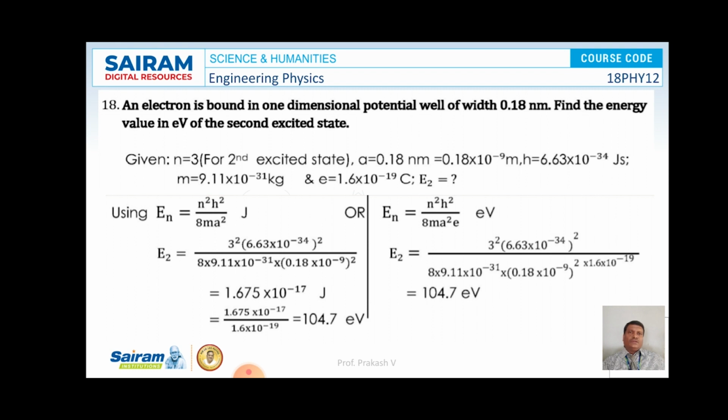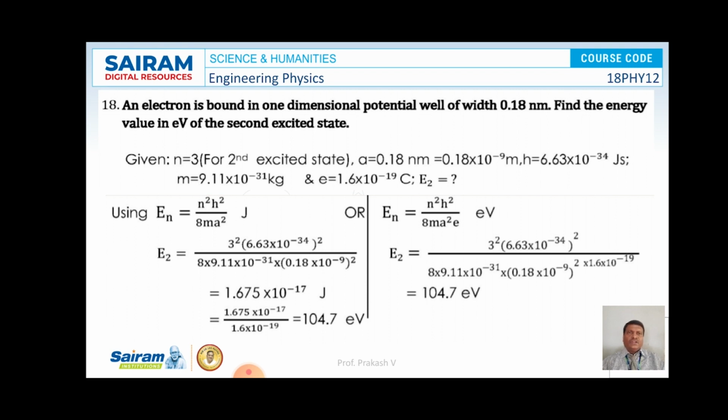So we know that En is equal to n squared h squared by 8 m a squared, so many joules, or En is equal to n squared h squared by 8 m a squared into e, so many electron volts. So substitute the value of n, h, and mass of the electron, and width, and charge on the electron. So we are going to get the value of E as 104.7 electron volts.